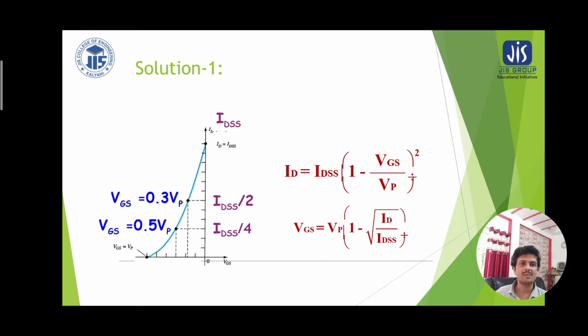The equations are written again. This graph is very straightforward. It is not linear, it is non-linear, and it is in the second quadrant of the characteristics, because gate to source is negative and drain current is positive.